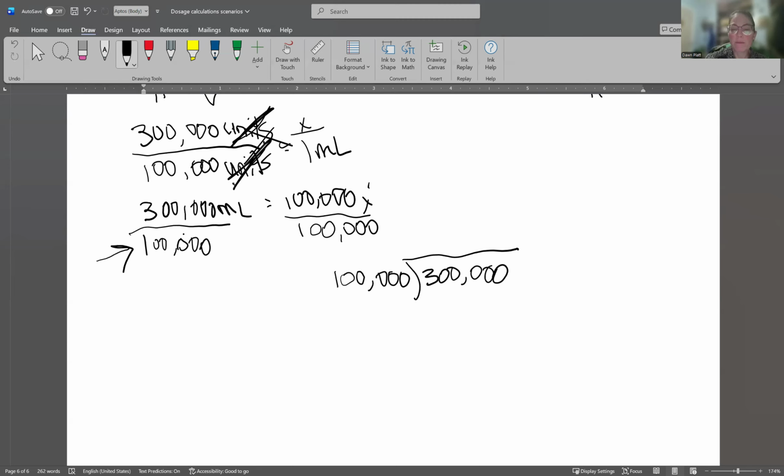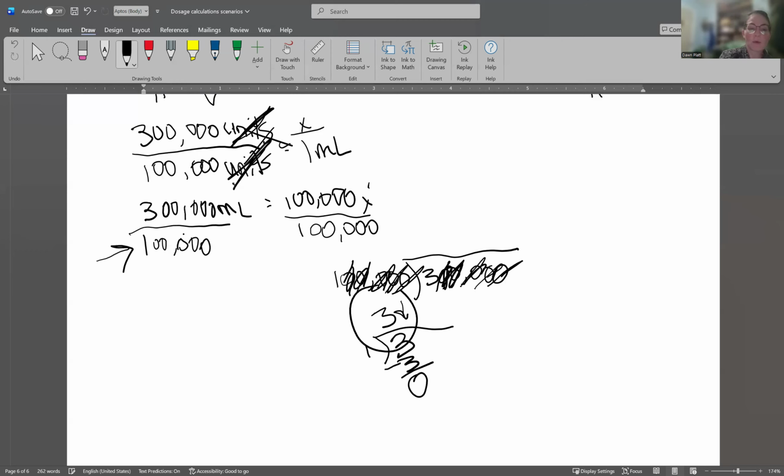If I cross off this zero, I can cross off this zero, and so on. And now it changes to 1 goes into 3, and you're still going to get the same answer. 1 goes into 3, 3 times 1 is 3 minus, and you have 0. So I have 3 milliliters equals X, and 3 milliliters is how much I'm going to give.